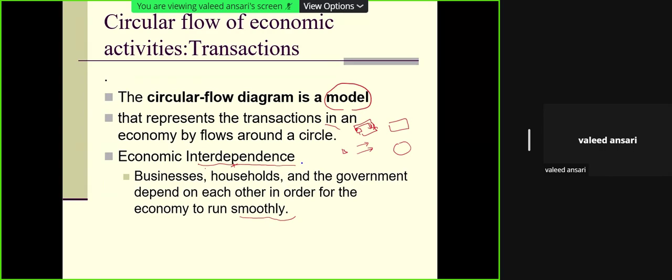If it is not the case, then there might be frictions. Do not think of friction as conflict. I am talking about smoothness, the functioning of the economy as it should operate.